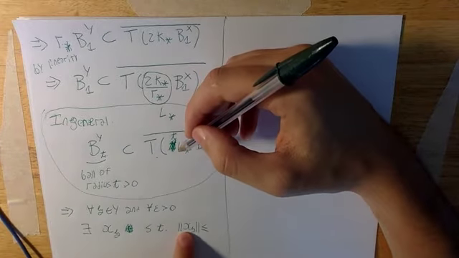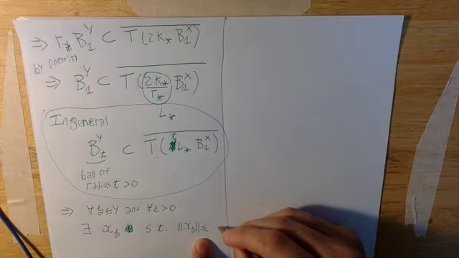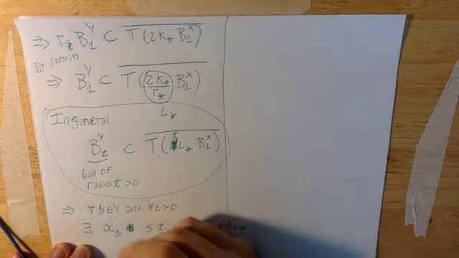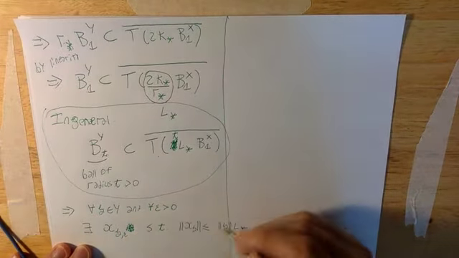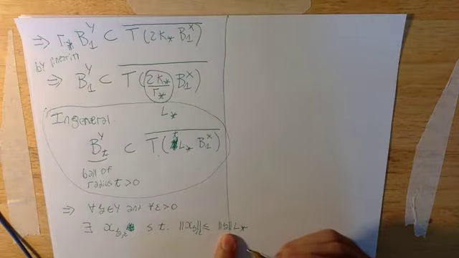So in particular, the norm of x_y will be less than or equal to the norm of y times L star.